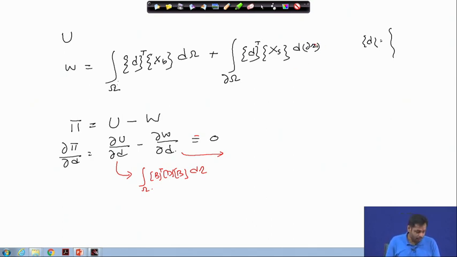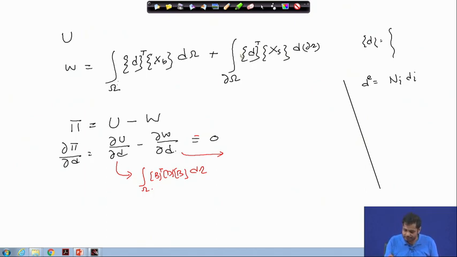Now, you recall how these displacements are expressed. For any element, d is expressed as the sum of Ni di, that is, N1 d1 plus N2 d2 and so on, through the shape functions.